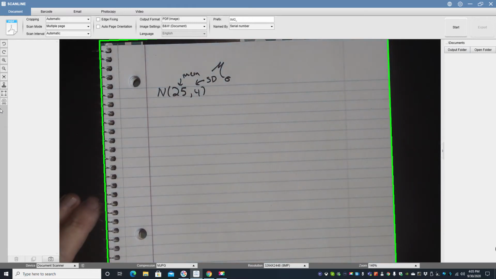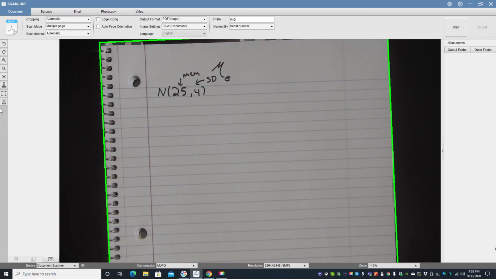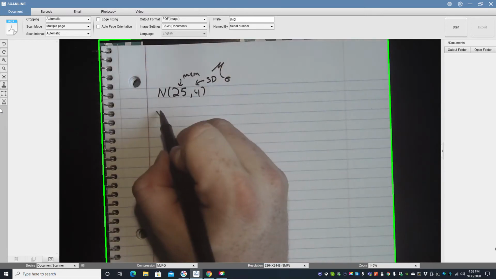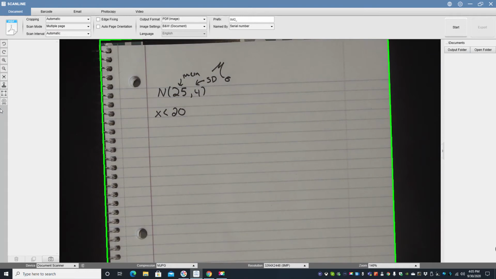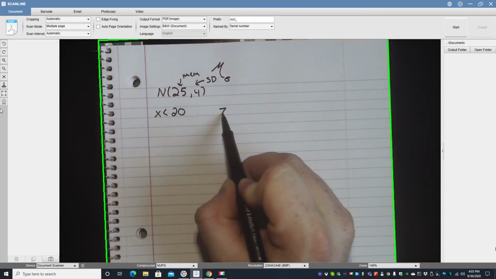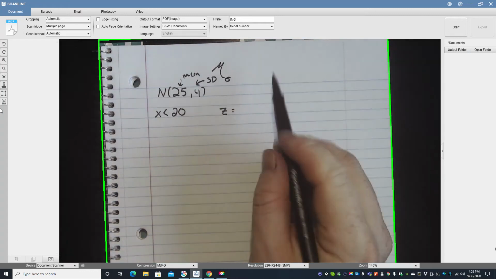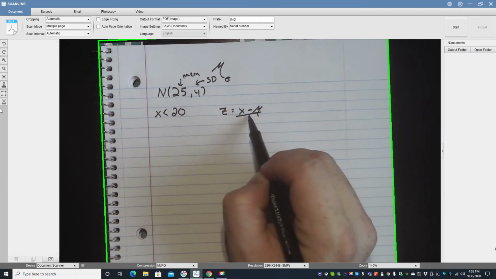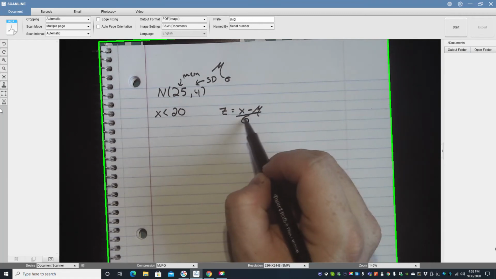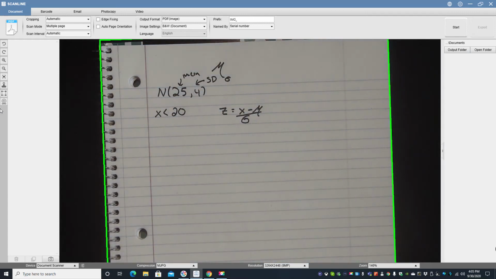So when I want to find something like x is less than 20, I'm going to employ what's called a z-score formula, which looks like this. And I solemnly swear that that's not a 6, it's the sigma.